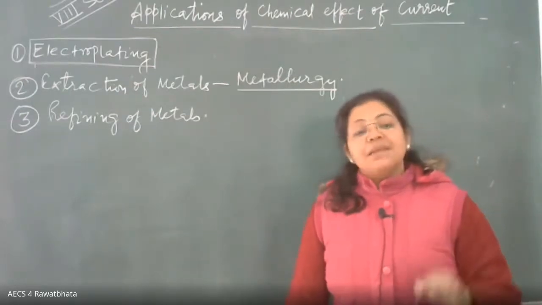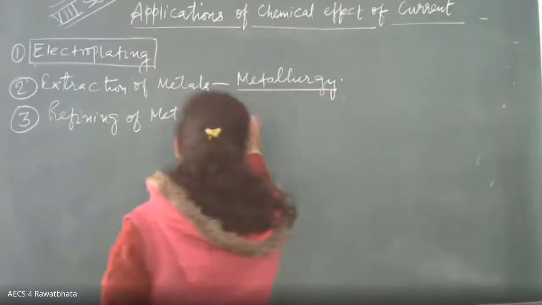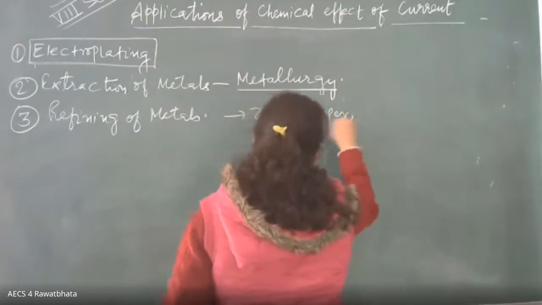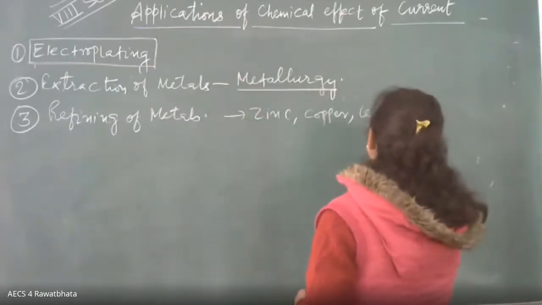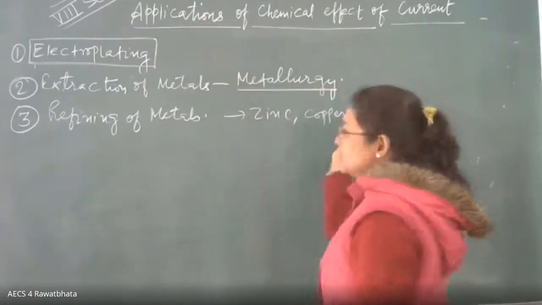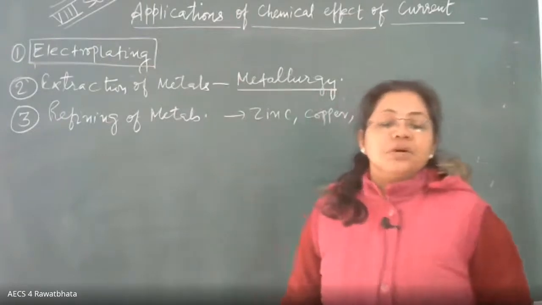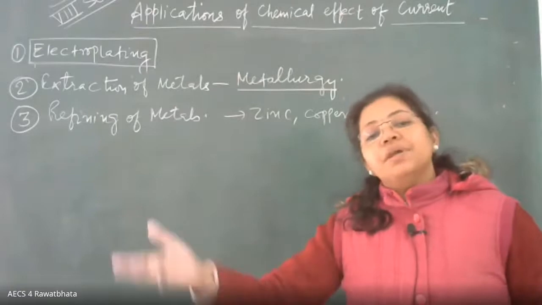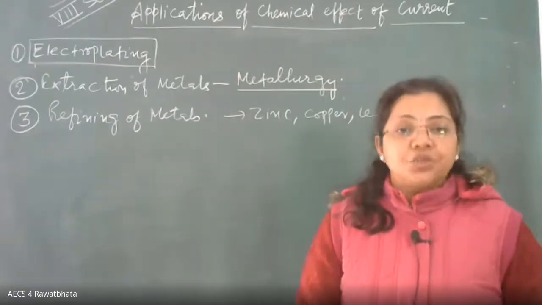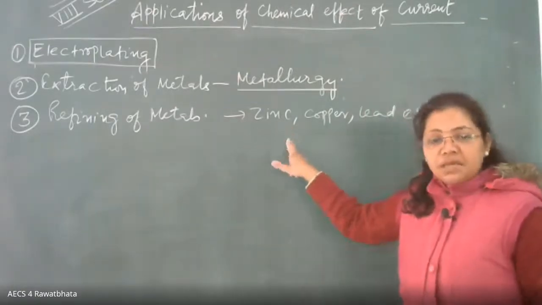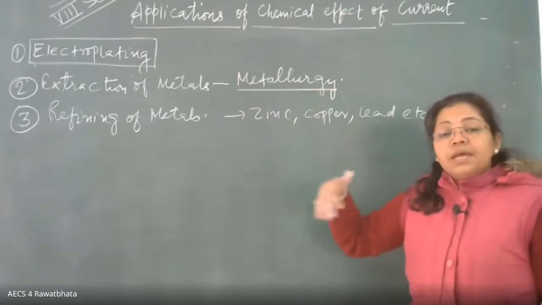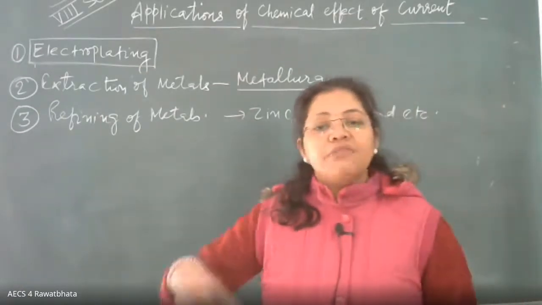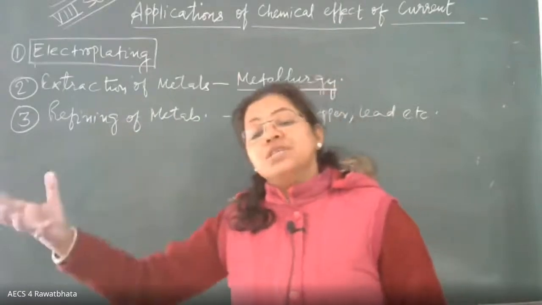But there are certain metals like zinc, copper, lead, etc. These metals are extracted from their ore with other chemical reactions but not any electrolysis. ये जो metals हैं जैसे zinc है, copper है, lead है, इनका extraction हम electrolysis के through नहीं करते हैं. हम और different substances और different process को use करते हैं.